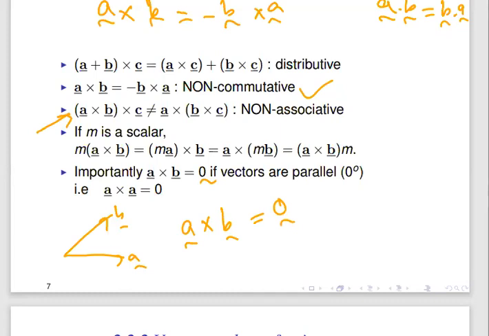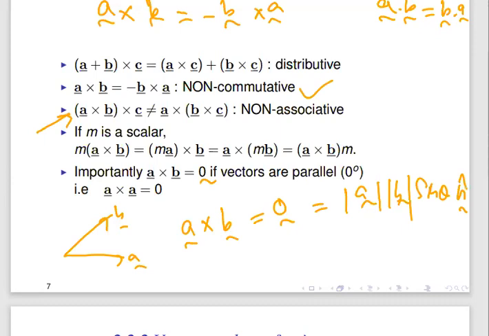Then this is equal to the magnitude of A, magnitude of B, sine of the angle between A and B, and the unit vector n.